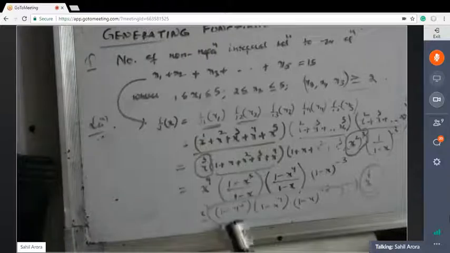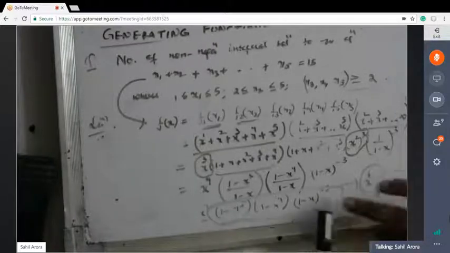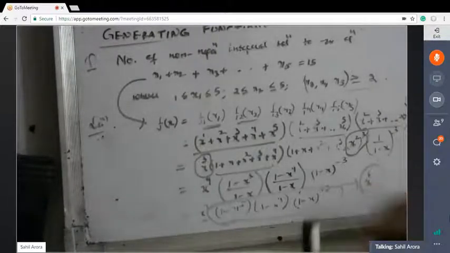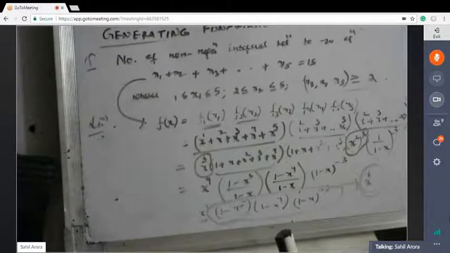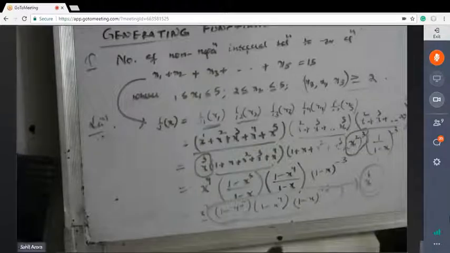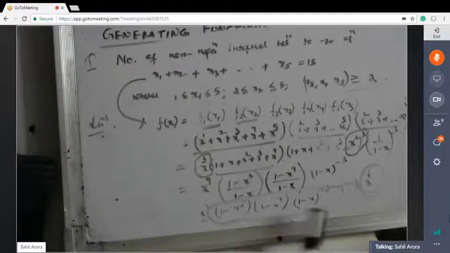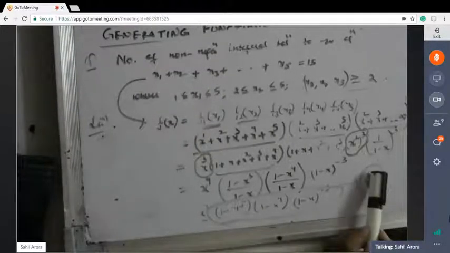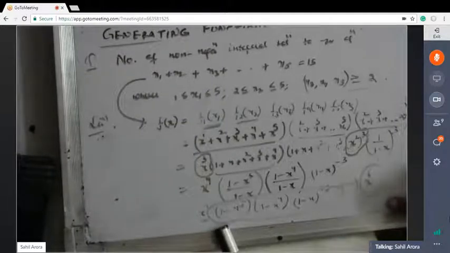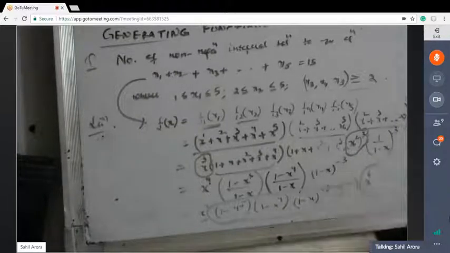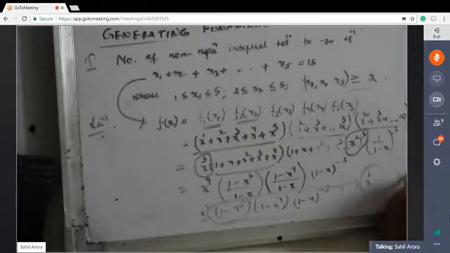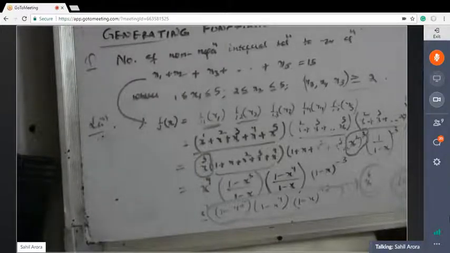We can just multiply this, and from these two brackets I can take one thing common, and then multiply to get the coefficient of x to the power 6 accordingly. So now after this, at least you can try to solve the part. I'm telling you the answer for this: the answer will become 200. 200 is the answer. You can try, right?